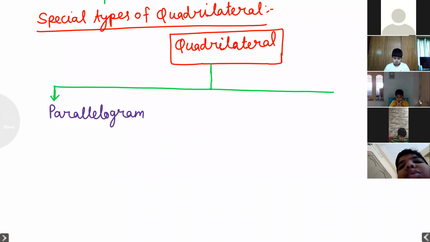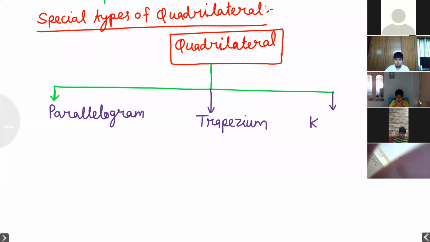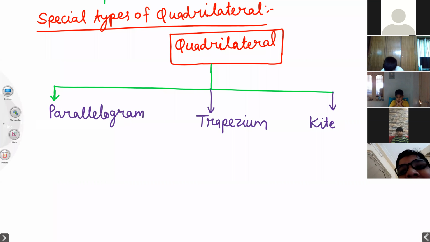Second one is trapezium. And third one is kite.